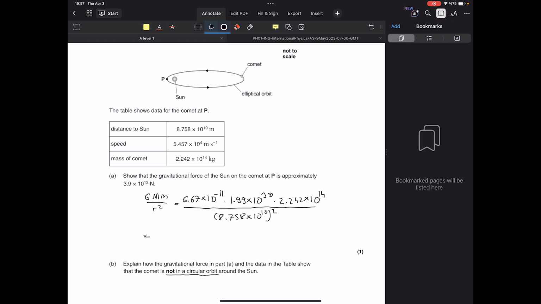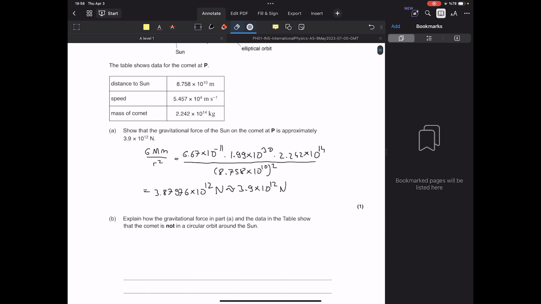So 10 to the 30 times 2.242 times 10 to the 14 divided by 8.758 times 10 to the 10, all squared, which gives us 3.87976 times 10 to the 12 newtons, which is indeed approximately 3.9 times 10 to the 12 newtons.